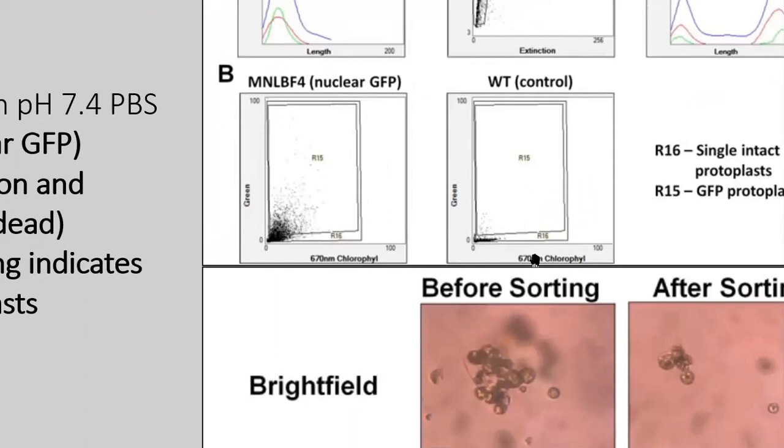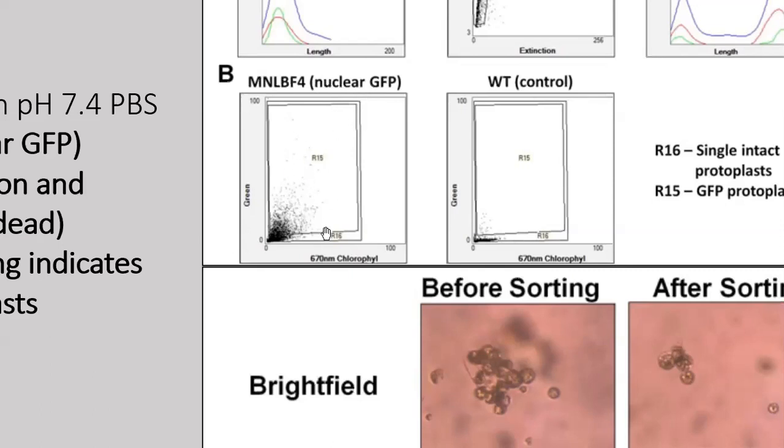So you are getting signal from the chlorophyll, and you're seeing about the same level of red fluorescence in both populations, but in the population that has nuclear GFP expression, you have much greater numbers of protoplasts present in this part of the plot.